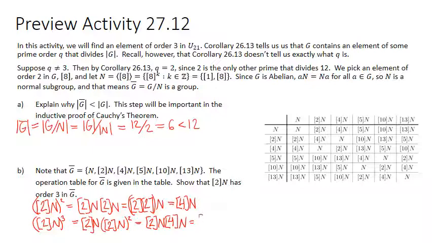So that gives me 8n. But that is actually equal to n, and the reason is because 8 is an element of n. So that is n in n. So if the element that you're using as the representative is actually an element of n, then all you're really getting is n again. Okay, so that is part B.